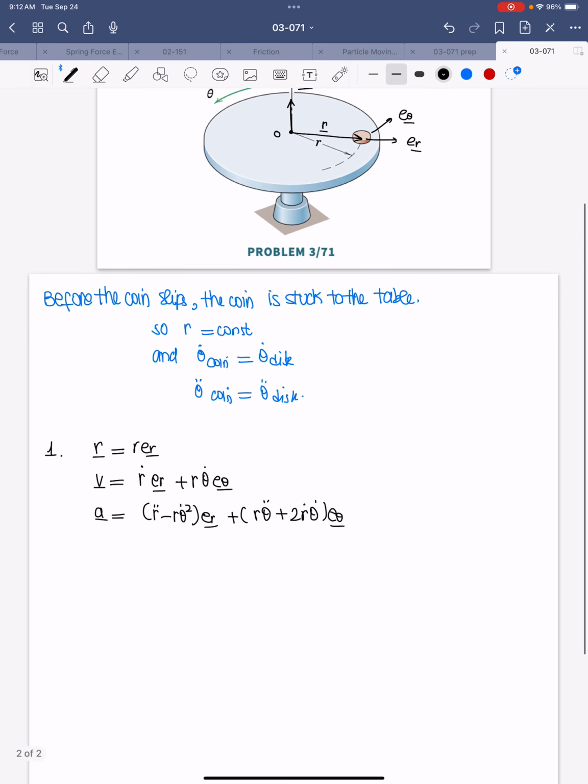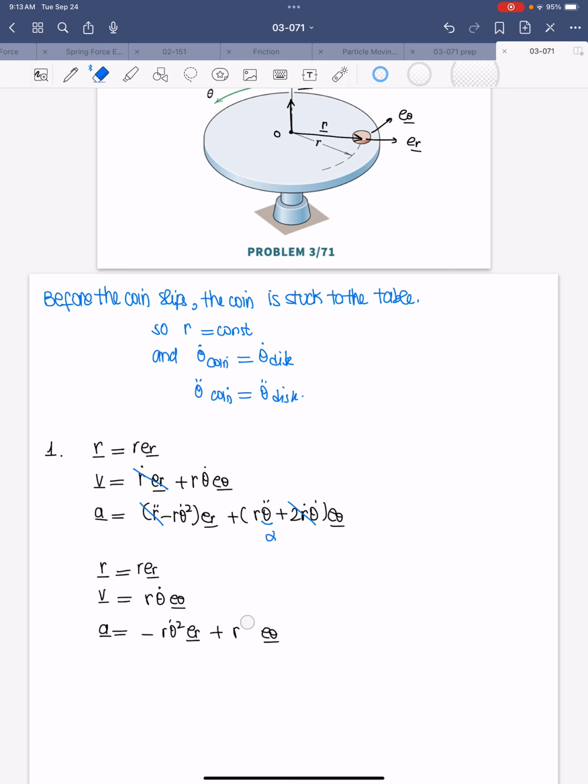With the simplifications, for R dot being 0, this term goes away, this term goes away, and this term goes away. And we can replace theta double dot by alpha to get R is R ER, V is R theta dot E theta, and A is minus R theta dot squared ER plus R theta double dot E theta, or R alpha E theta.